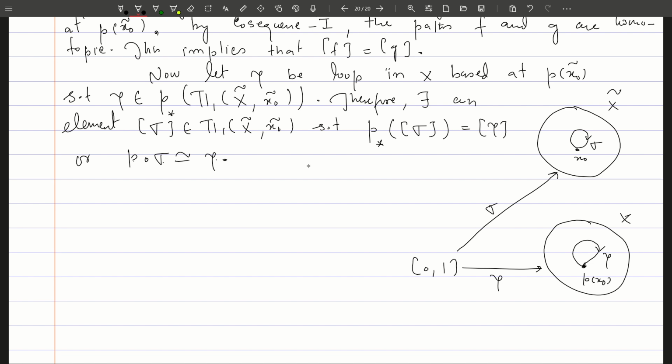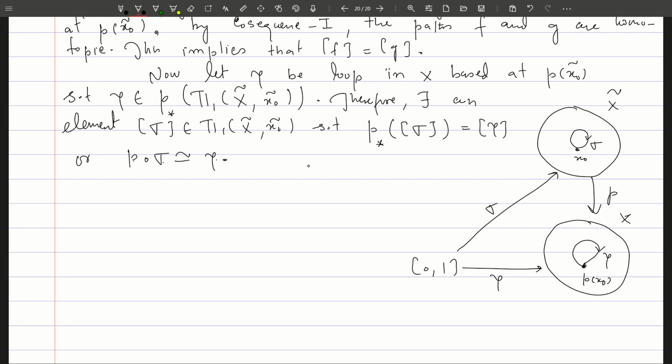Now we can invoke the path lifting property here. Since we have this path gamma in X and P is the covering, we can lift this path to X tilde.